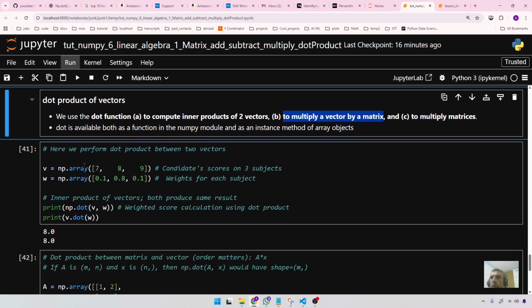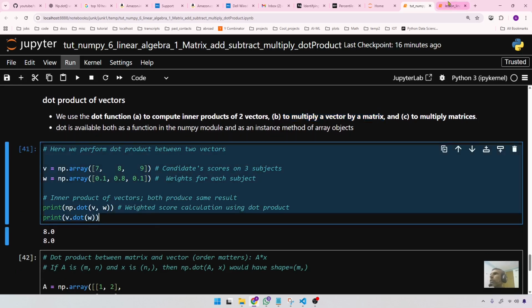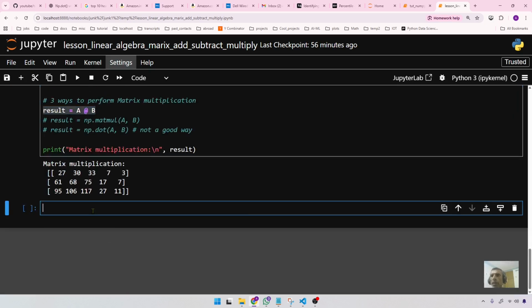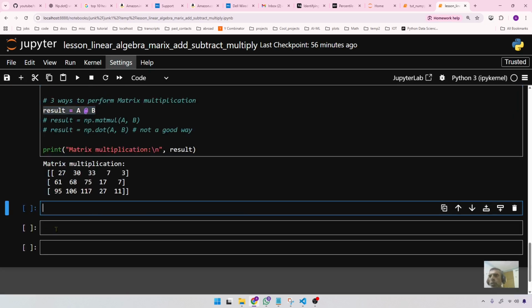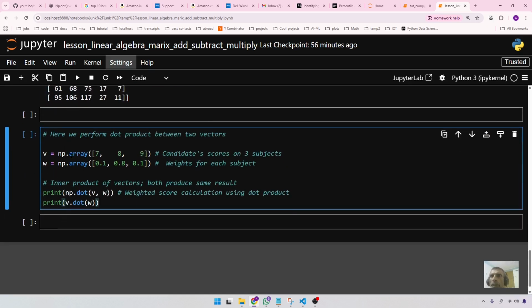So how do we do that? Let's try to perform a dot product between two vectors. We have two vectors, and we want to calculate their dot product. This is similar to what we studied in school. Let's say my vector v is this and vector w is this. All you have to do is type np.dot(v, w), or you can say v.dot(w). That's going to compute the dot product of v and w.